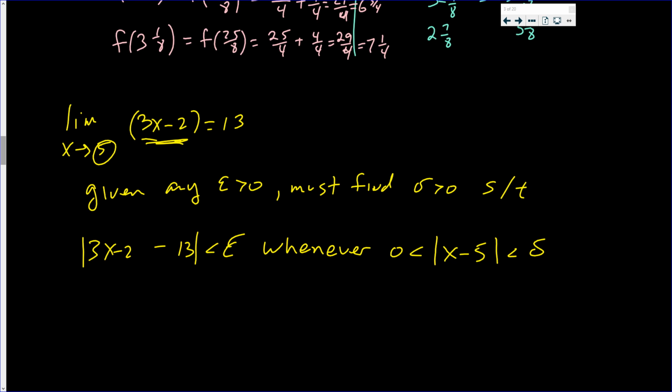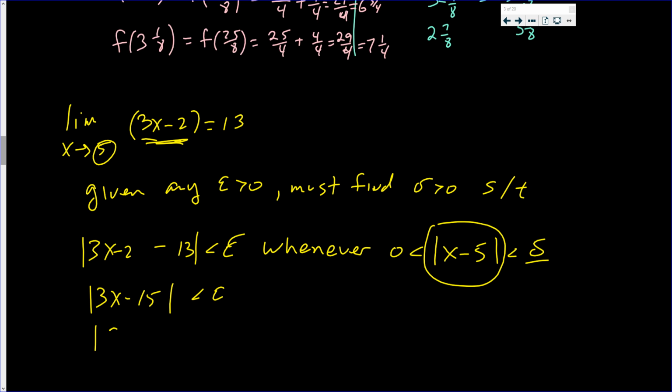Now, if I can get the left side to have this, then whatever it's less than, I'll call it delta. The left side is 3x minus 15, and this is less than epsilon.